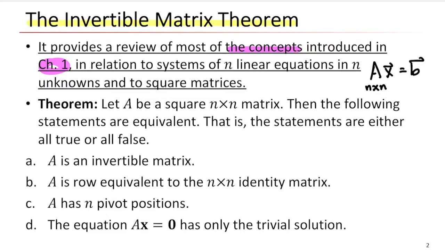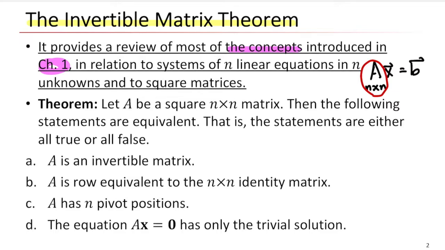Until this week, we have talked about several kinds of properties related to this matrix A, right? We have discussed what a span is, what onto is, what a one-to-one mapping is, what uniqueness is, and what the existence of the solution is.